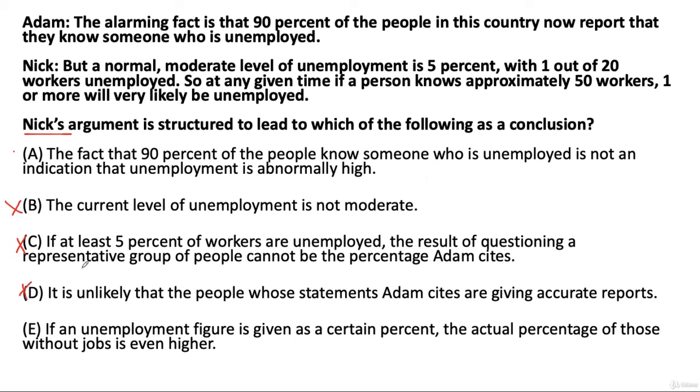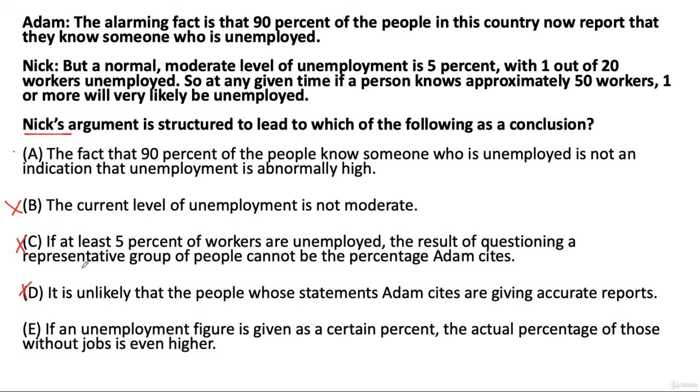Moving on to option number E: if an unemployment figure is given as a certain percent, the actual percentage of those without jobs is even higher. How do we get to know what this statement means? They're saying if the unemployment figure as a certain percentage is given, then the percentage given in our records and the percentage of actually unemployed people is much higher.